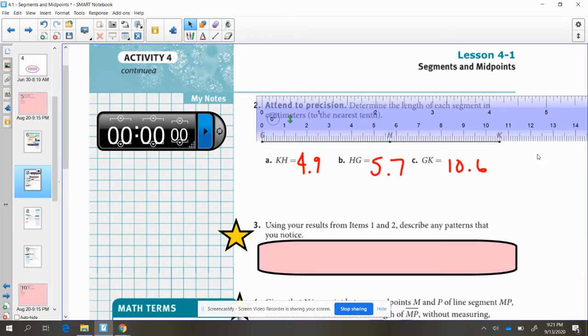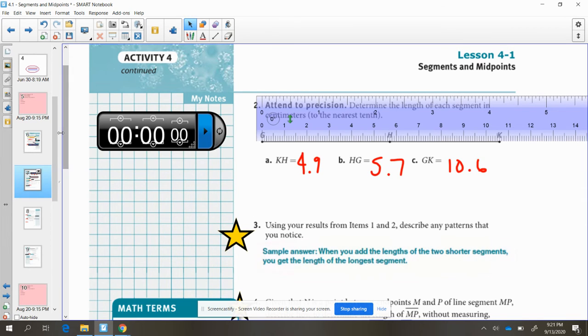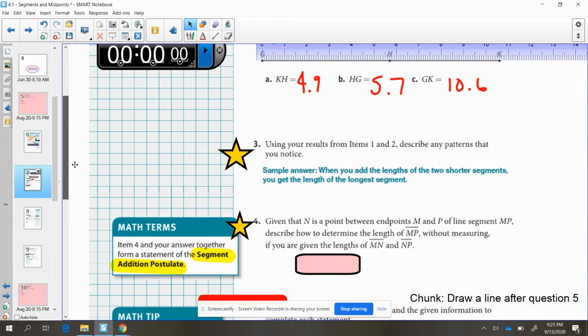These are just approximately what you should have gotten. Hopefully you noticed that when you add up the lengths of the two shorter segments, they equal the length of the biggest segment, in this case GK.